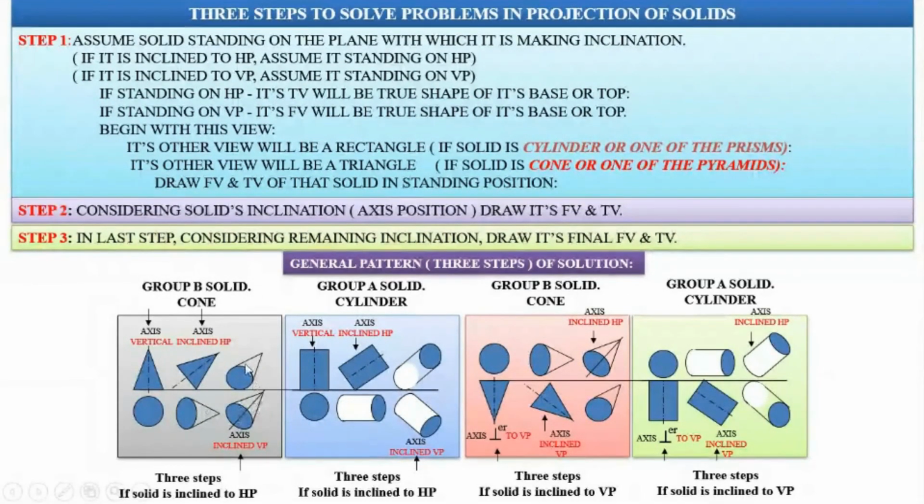And then you have to find out the next front view. Here also, the second top view and the third top view are the same. The only difference is the orientation with respect to the XY line. Then the front view is a different figure.